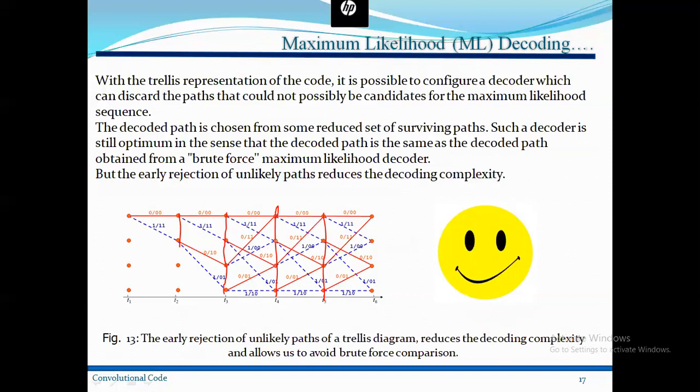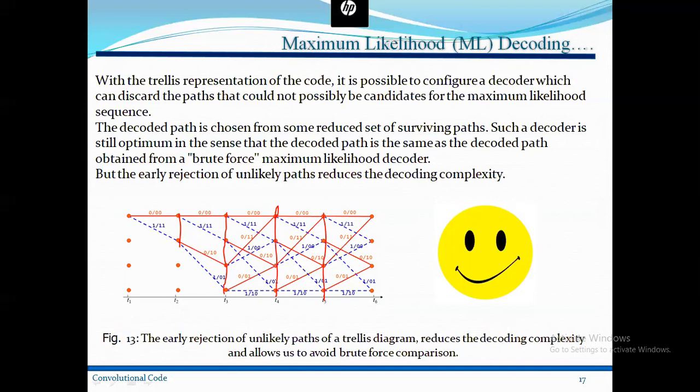So there is the possibility of one correct path with maximum likelihood criteria, and we reject one path.